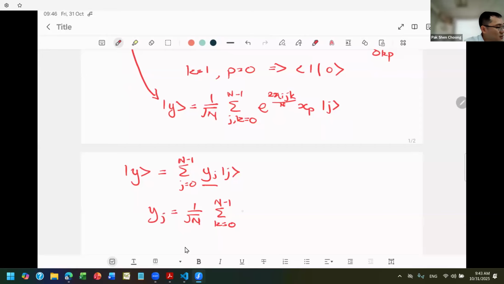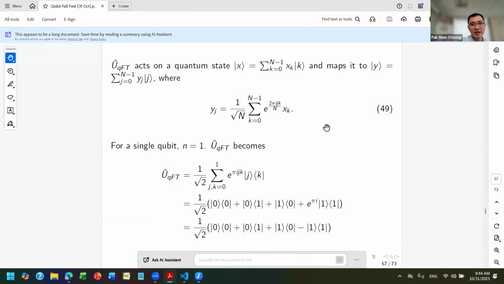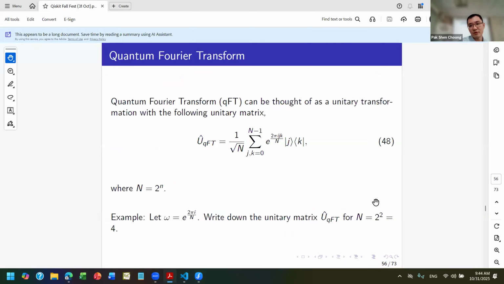It's fine. This is the same as the equation that I gave you here. So that's how you go from equation 48 to equation 49.